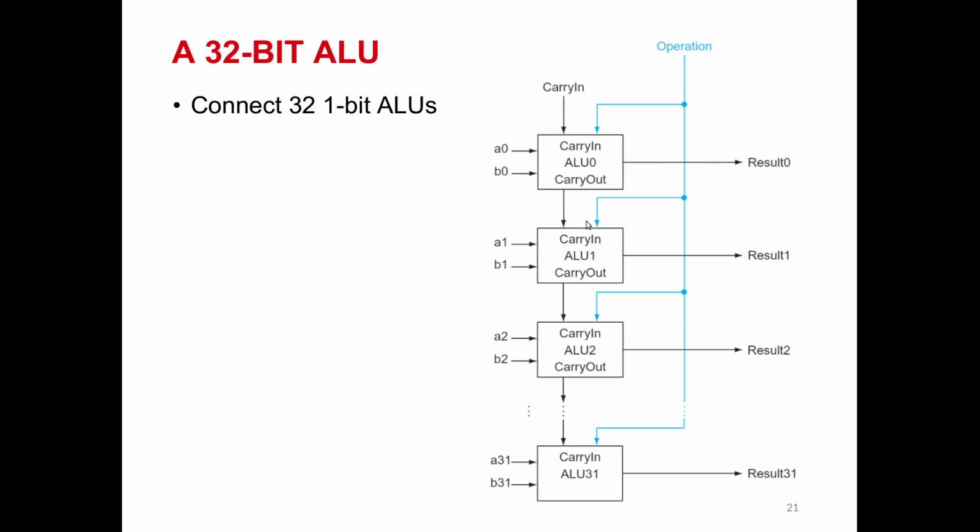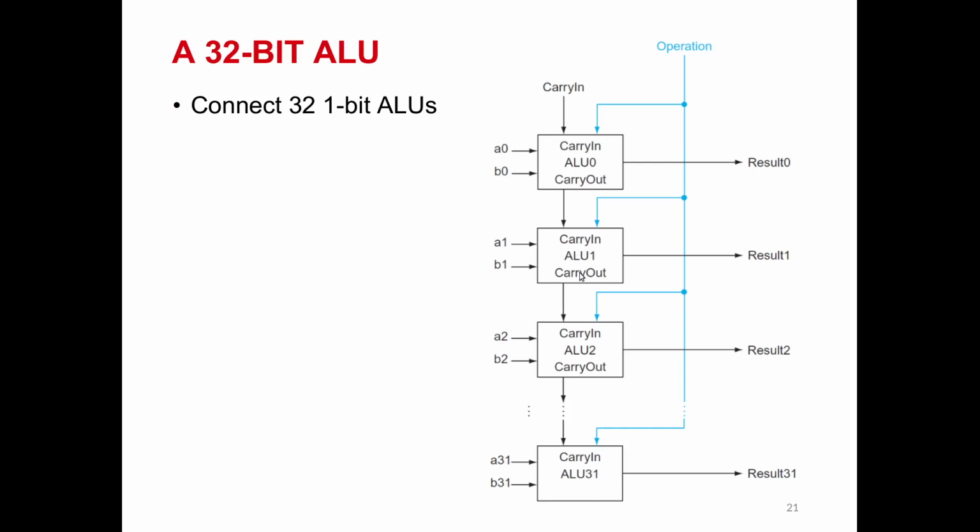That carry out will be the input carry in for the next full adder, together with A1 and B1, and the three of them add together to generate the output result 1 here and the carry out 1 available here, and so on until the 31st full adder.